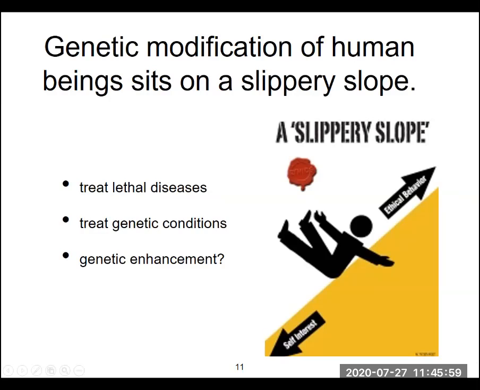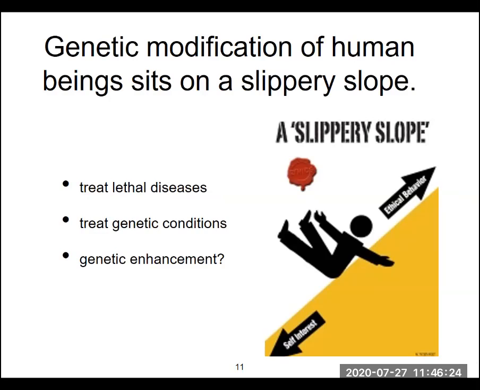What about if you treat genetic conditions? I've got a genetic condition, for example, that causes an individual to have difficulty. Maybe they're not as active as they would like, or they can't get around as much as they like, or maybe they've got arthritis, or something else going on. Should we be treating those things? They're not lethal, but they're impacting quality of life.